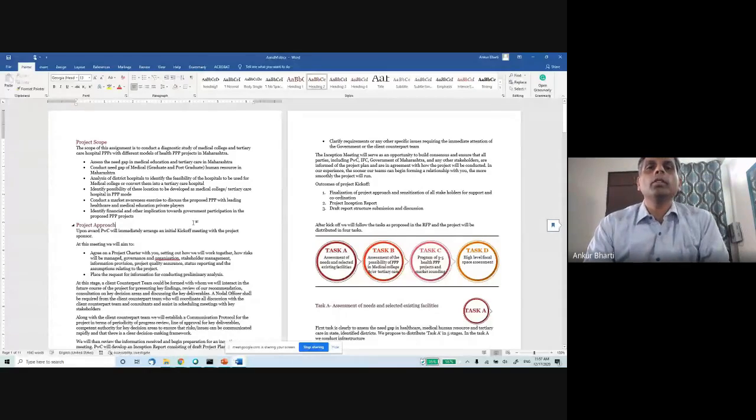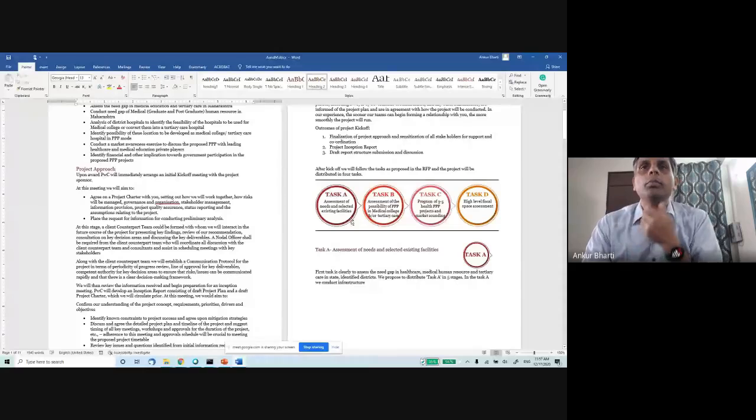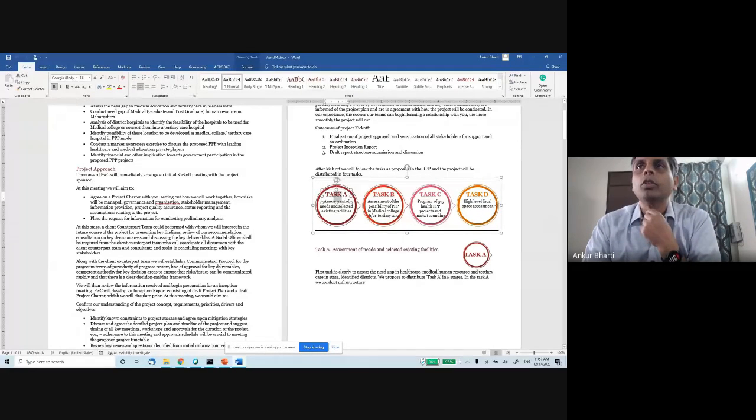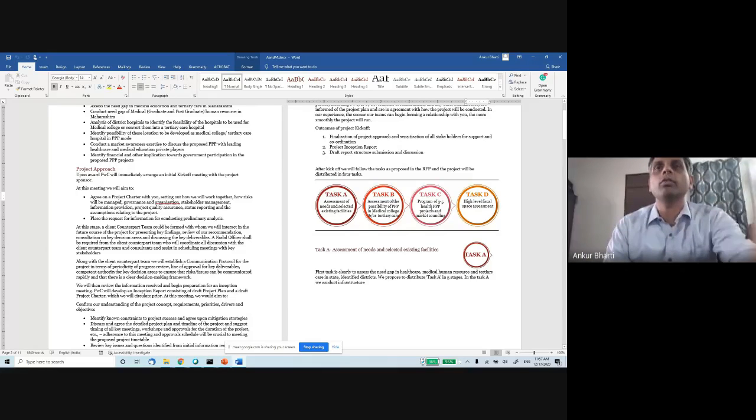Yeah. So as I was mentioning, the RFP actually broke the whole project into 4 tasks, not realizing that many of the components given in these tasks were highly overlapping.